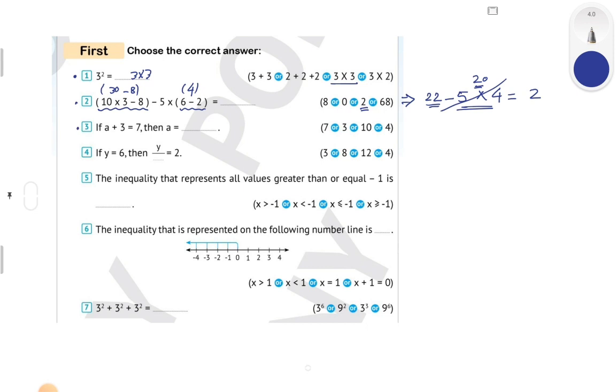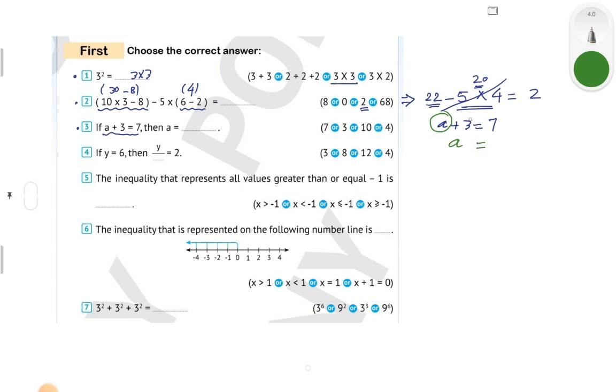Next point. If a plus 3 equals 7, then a equals what? Now I have an equation, a plus 3 equals 7. I need to find the value of a. Right? Okay, now let a alone on the left side.